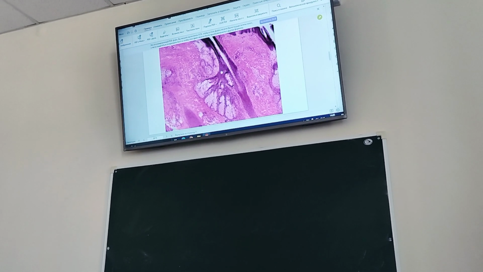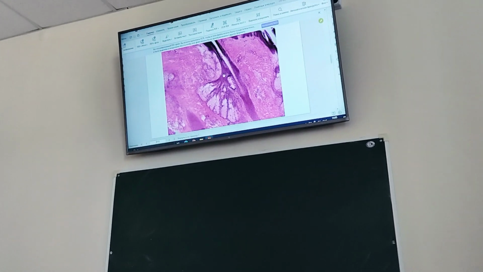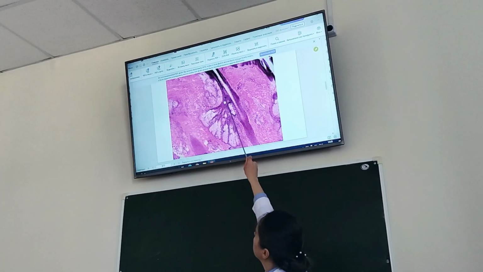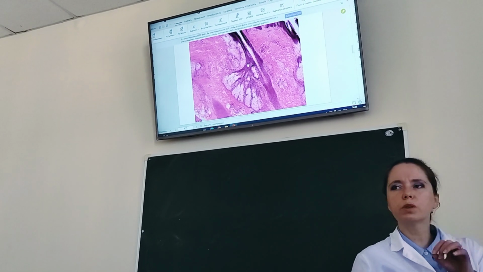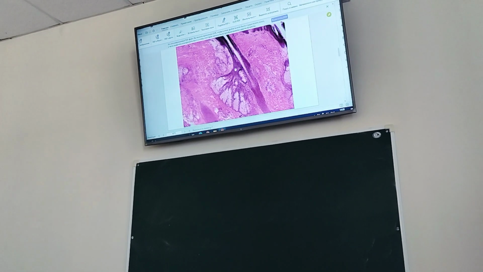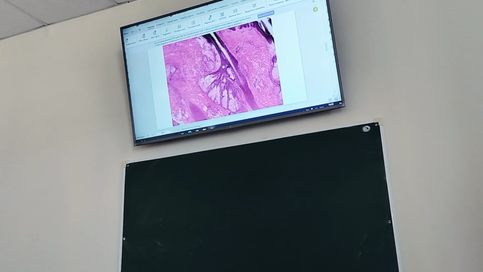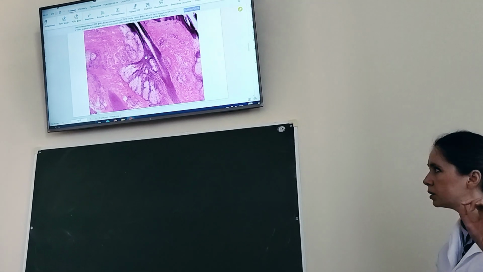Now let's look at several lobules or secretory portions. The secretory portions converge into a single short duct, which opens into the hair follicle. And we remember that only sebaceous glands are associated with hairs.